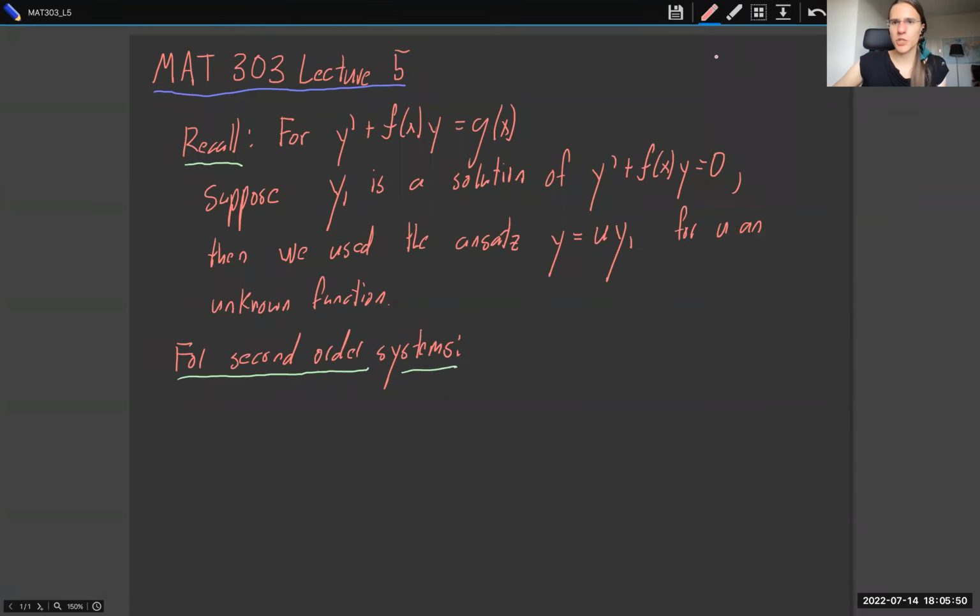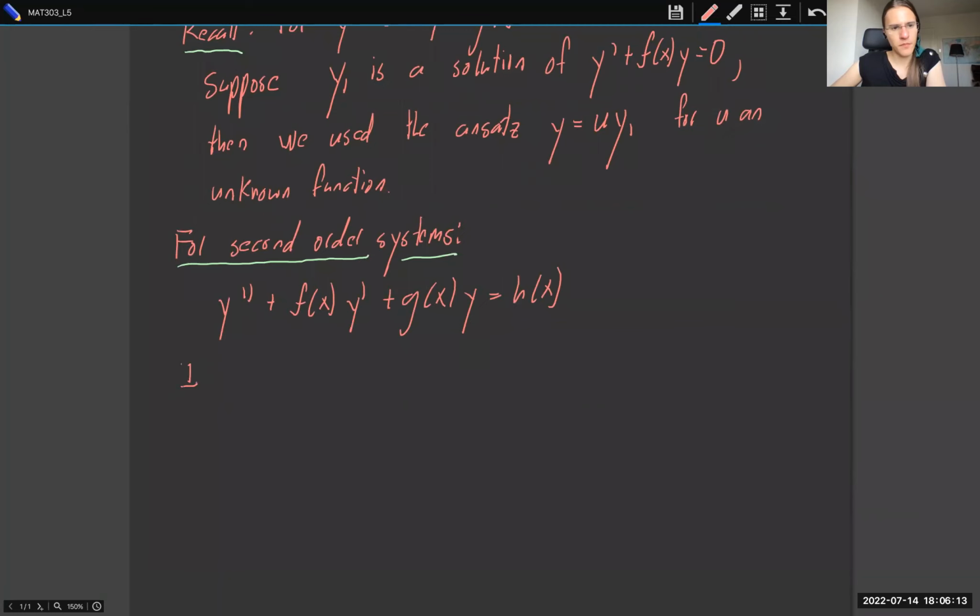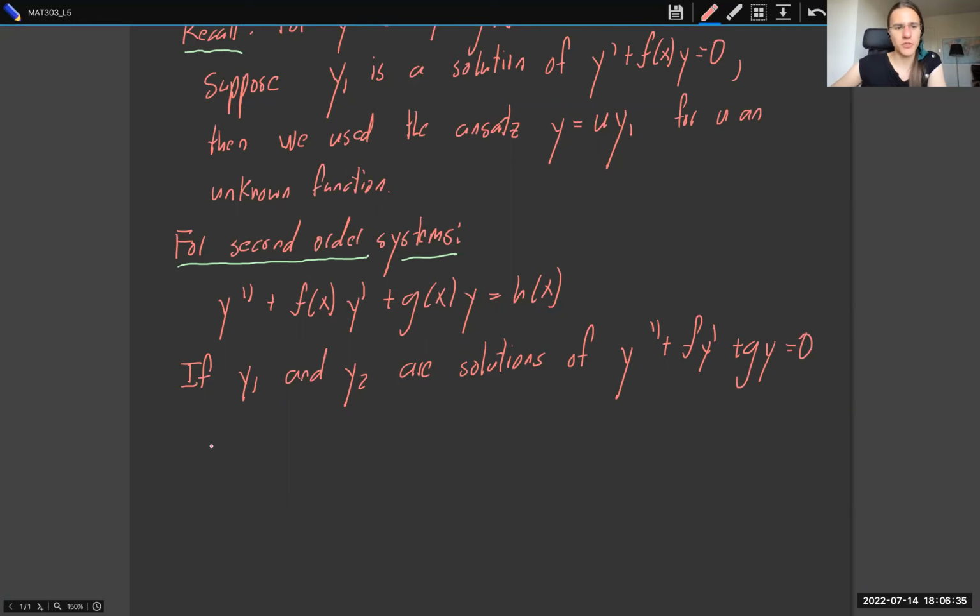If we know 2 solutions of the homogeneous equation, and the equation that we're considering is y prime prime plus f of x y prime plus g of x y is equal to h of x, so if y1 and y2 are solutions of y prime prime plus f y prime plus g y is equal to 0, then what ansatz shall we use?